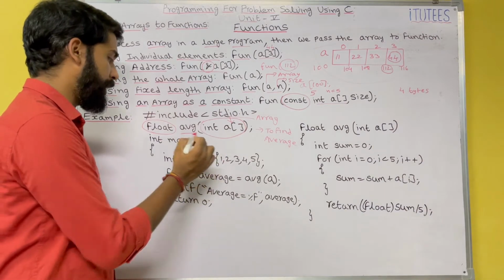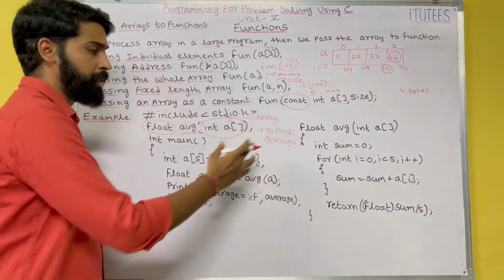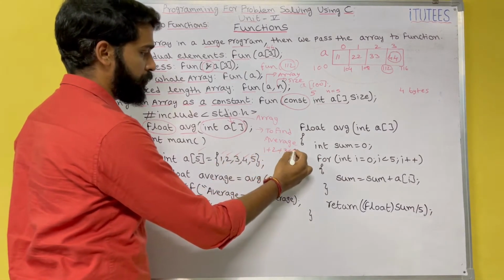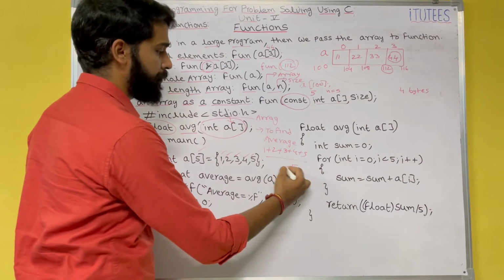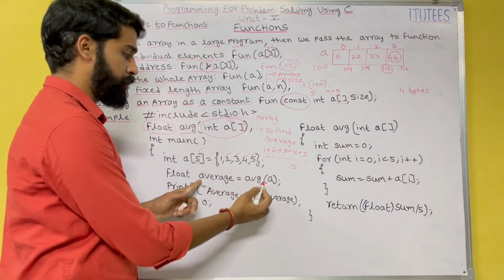Here I am taking an array a of 5 equals 1, 2, 3, 4, 5. That means at the end of the program it returns 1 plus 2 plus 3 plus 4 plus 5 divided by 5.